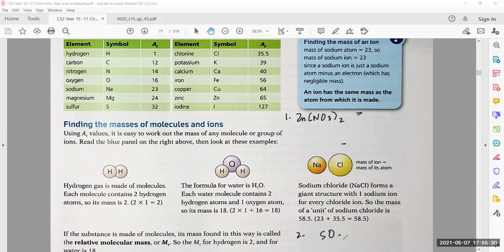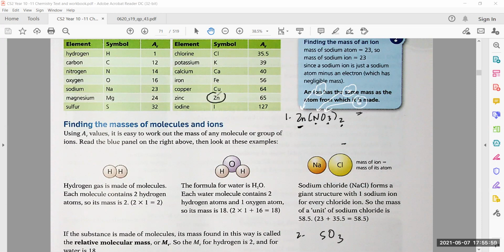Now zinc nitrate, first of all, you must know there's 1 zinc, but 2 nitrogen and 3 oxygen. 3 times 2, 6 oxygen. Can you see that or not? That's the first thing you must understand. If you get that correct, then only you will understand the rest.